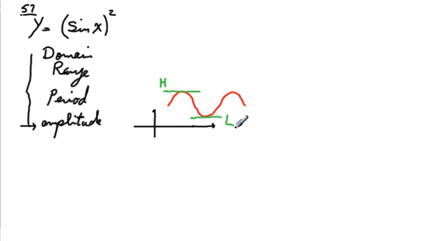The distance between high and low can be divided into two, and you can introduce a so-called midline. From the midline to either high or low is going to be your amplitude. So this one or this one is shown by A, and that is your amplitude.